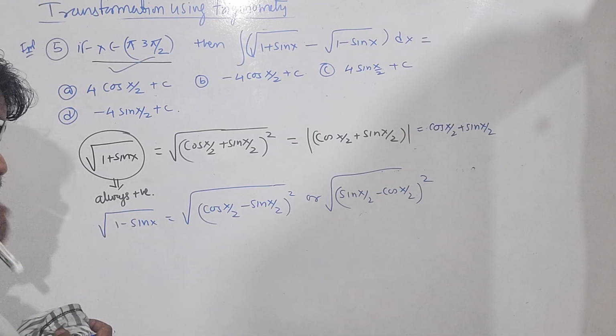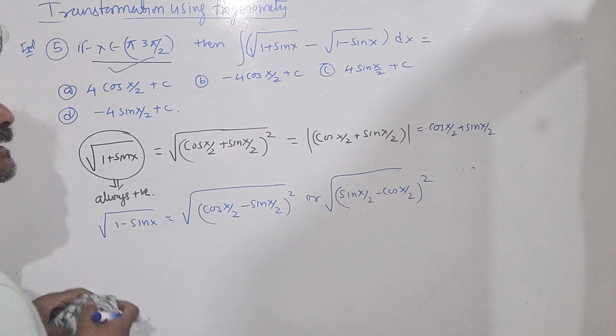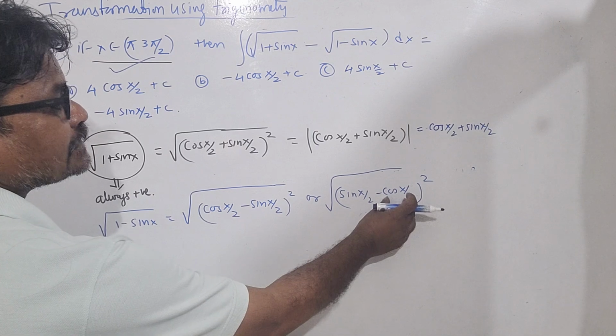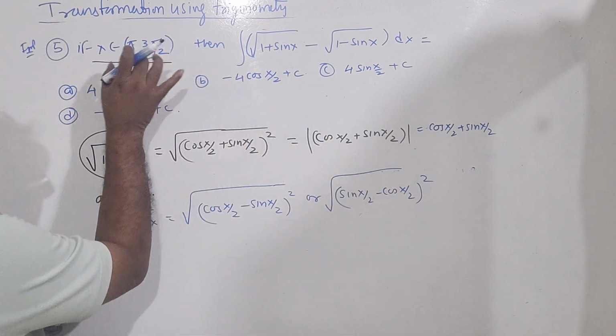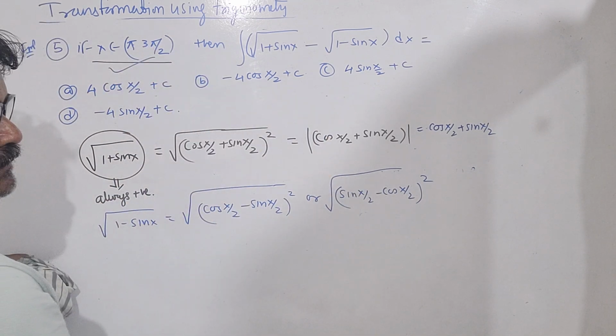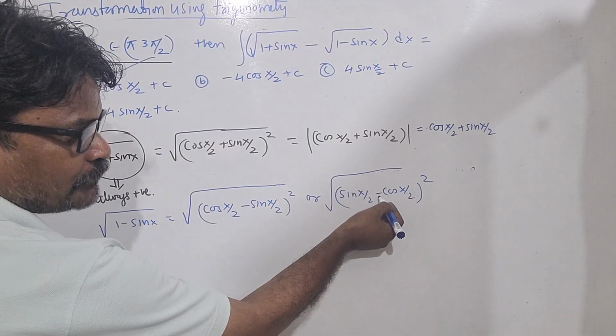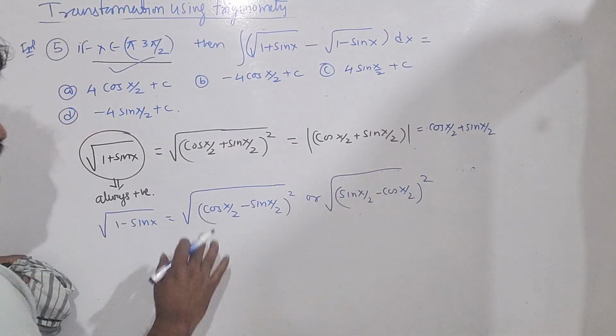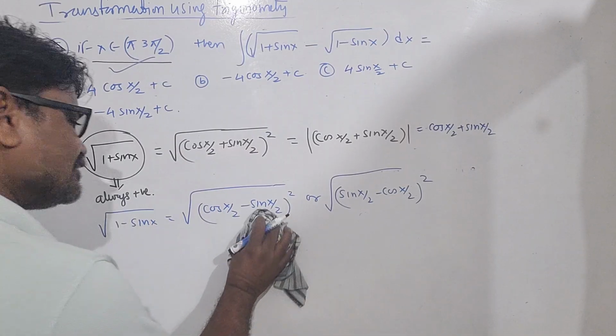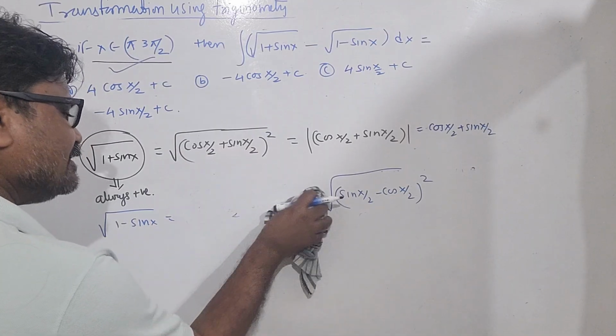I said that cos x is negative. Cos x by 2 is negative when x is coming from pi to 3 pi by 2. We saw. So this will become positive. Cos x by 2 is negative, negative, negative, positive. So therefore, I should write only this one.